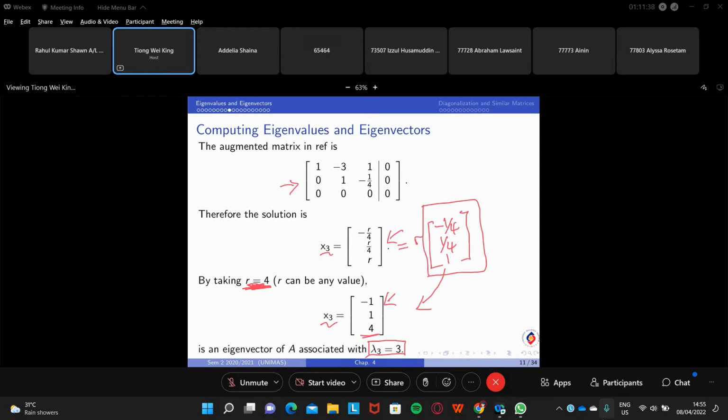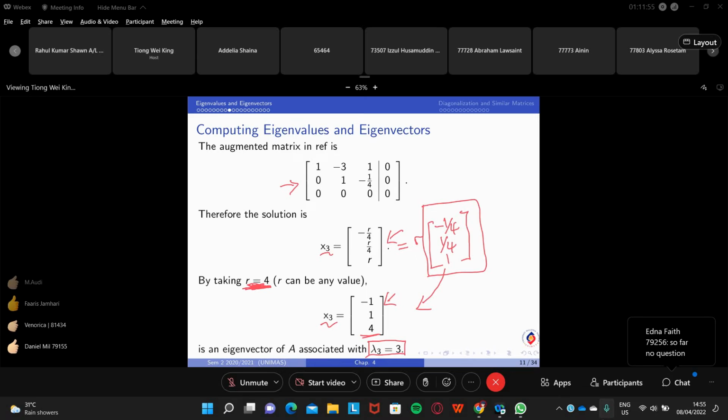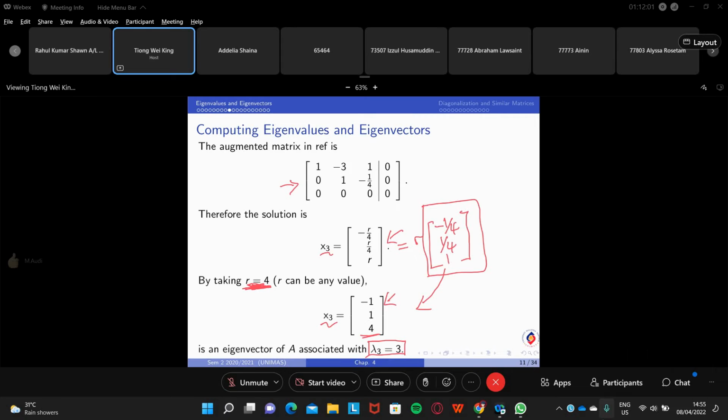Now, any questions so far? I think this is a new thing for you. All right, sir, what about the negative sign? Where is the negative sign? You mean here?